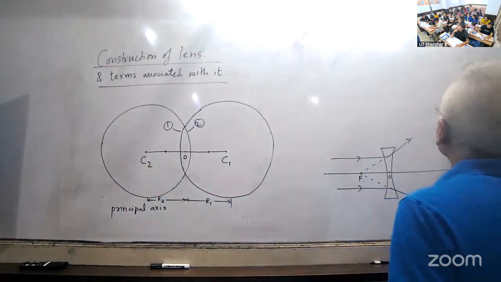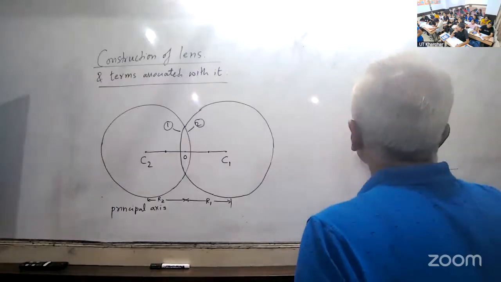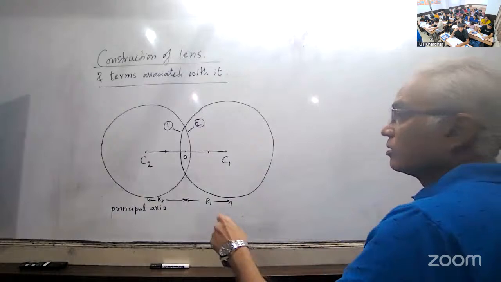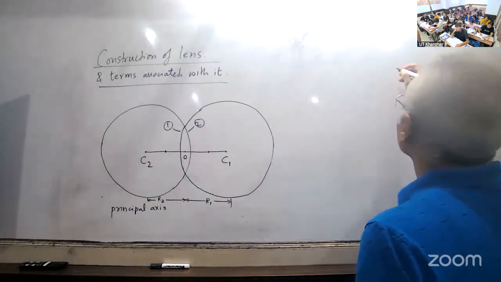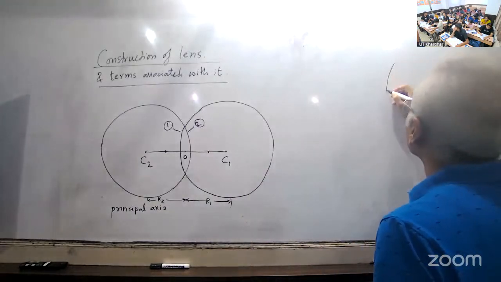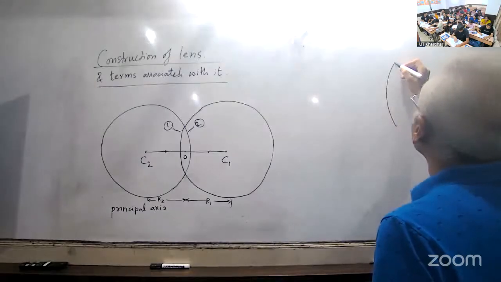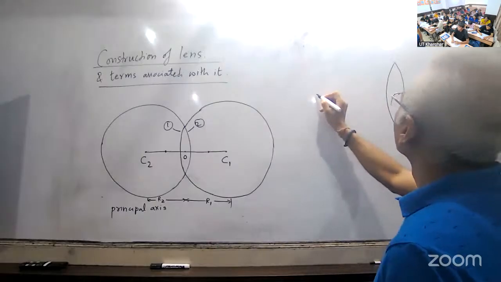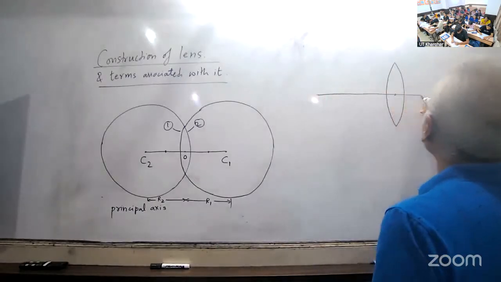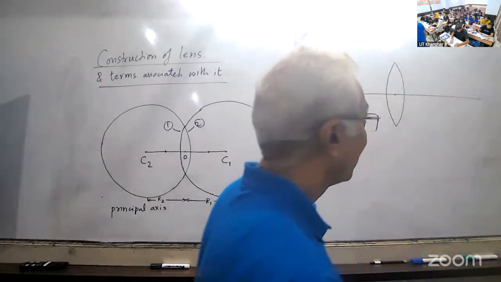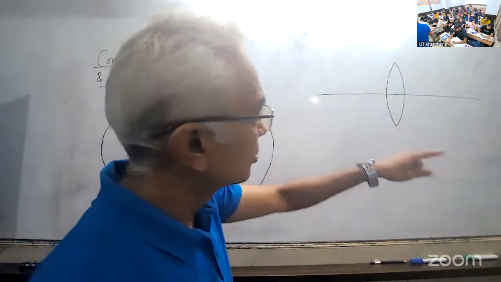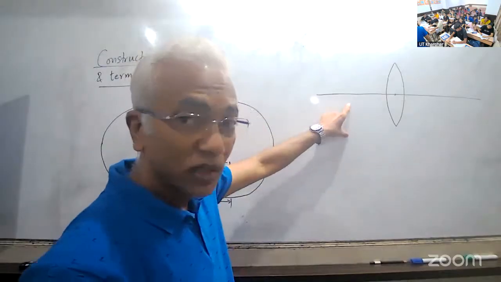Having understood this, now let us define the terms in detail. This is the basic construction of a lens. Whenever you draw the ray diagram, this is the starting point. Draw the lens and draw this horizontal line called the principal axis.